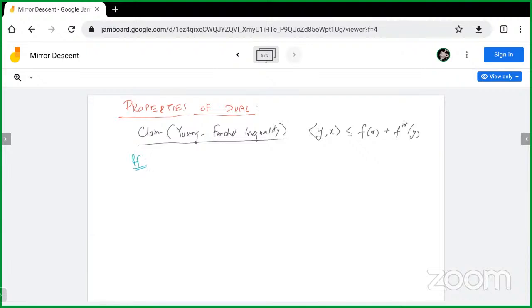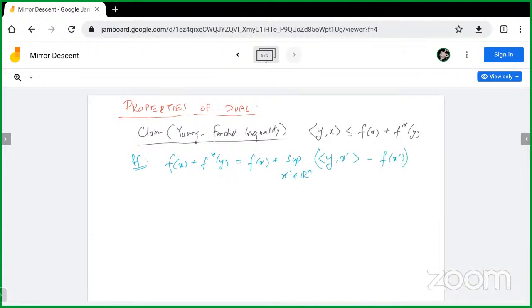So let's just look at the right side. What is f of x plus f star of y? Now let's use the definition. This is the supremum over x prime, I'm calling it x prime to not mix it up with the other x, of the inner product of y and x prime minus f of x prime.